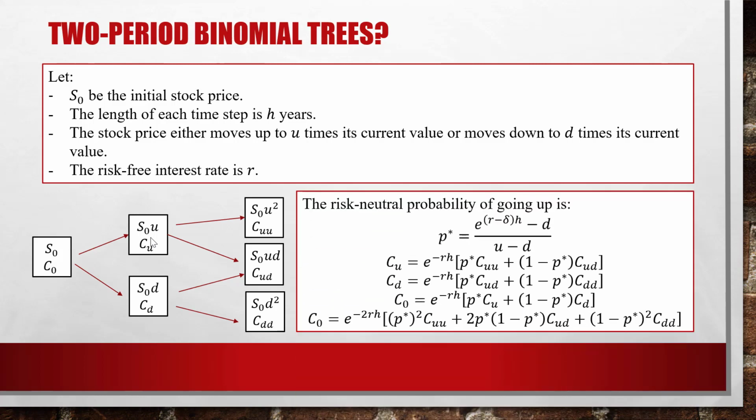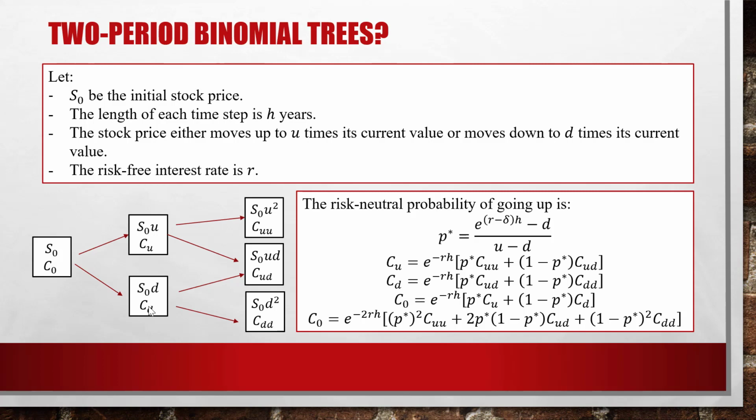And here, in order to calculate the payoff, we first have to calculate the probability of going up, because at time 1 we have two possibilities, so we need to find the probability of each event. Here p star is calculated by e to the (r minus delta) times h, minus d, over u minus d.